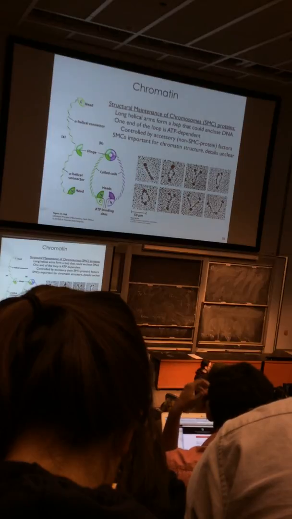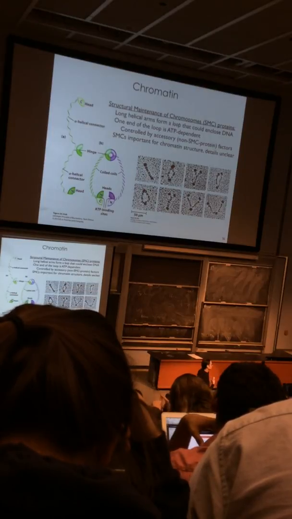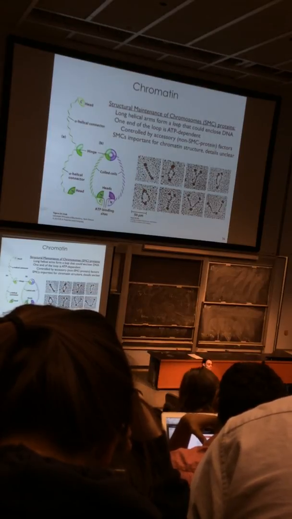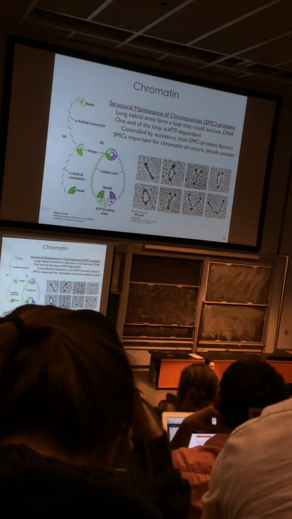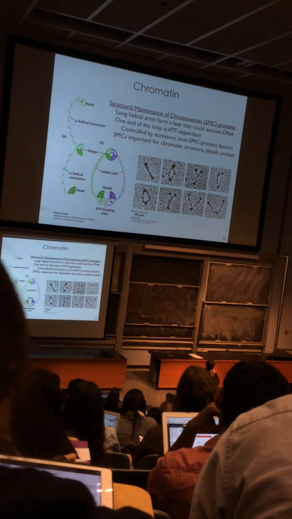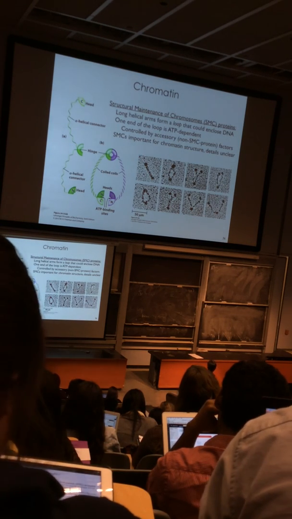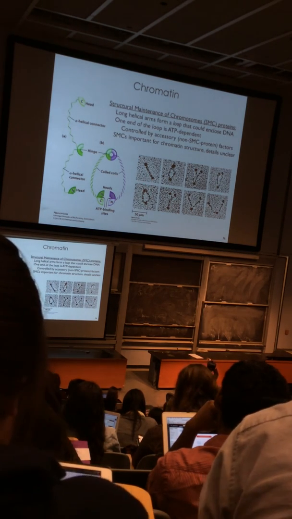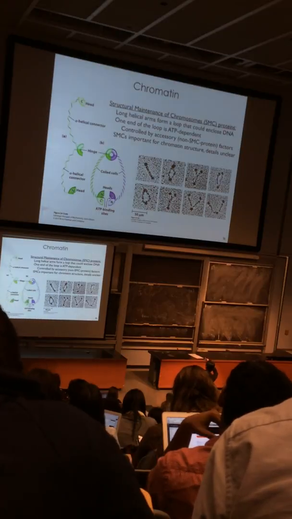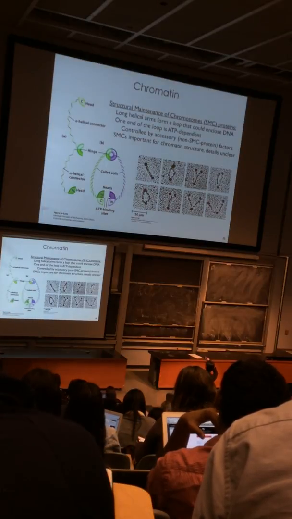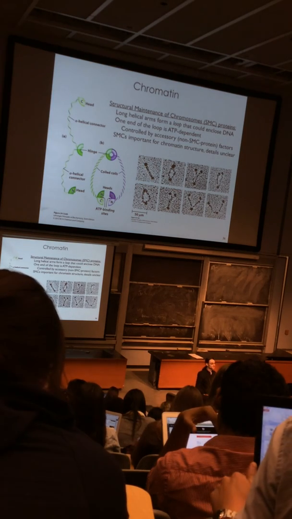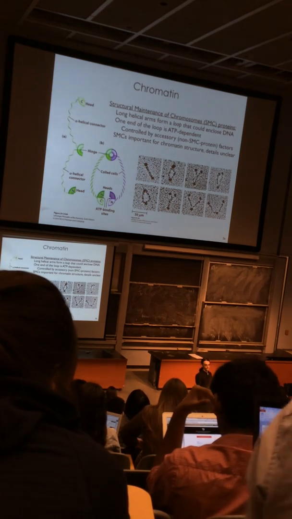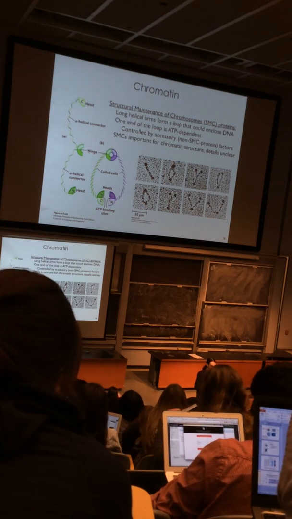The configuration of SMC proteins in chromatin is much less clear than the organization of nucleosomes, but it's pretty clear by electron microscopy that they have this form where they have a head and a hinge. The head has ATPase activity, and that ATPase activity controls the opening and the closing of this SMC ring.